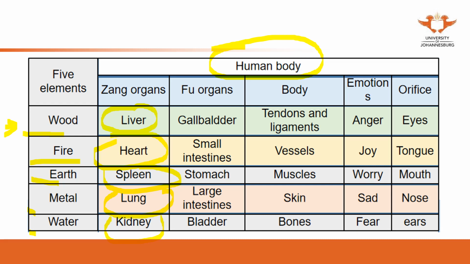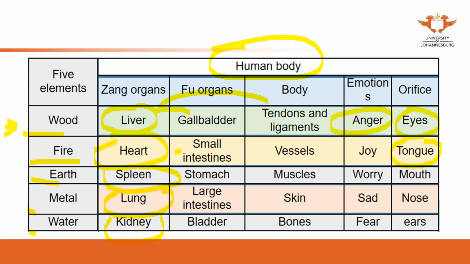And there are connections between the liver and gallbladder, the liver and tendons, the liver and the emotions. If someone suffers from an eye problem, we will treat the disease from the liver. If someone has a mouth ulcer on the tongue, we will treat the heart.